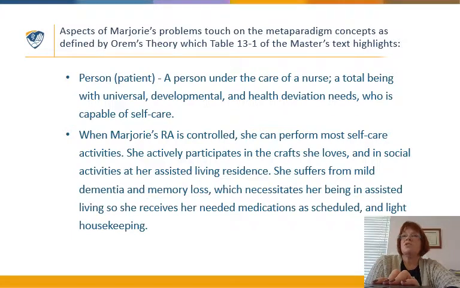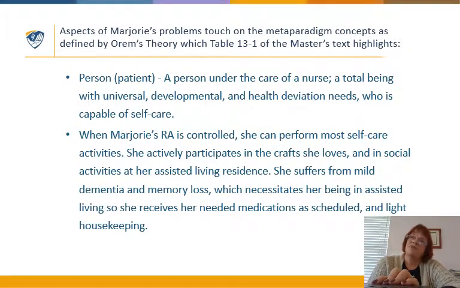Aspects of Marjorie's problems touched on the meta-paradigm concepts as defined by Orem's theory, which in Table 13.1 of our master's text, highlights the person or patient, a person under the care of a nurse, a total being with universal, developmental, and health deviation needs who is capable of self-care.